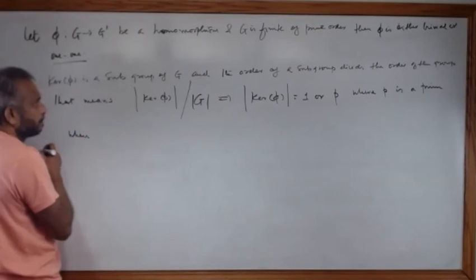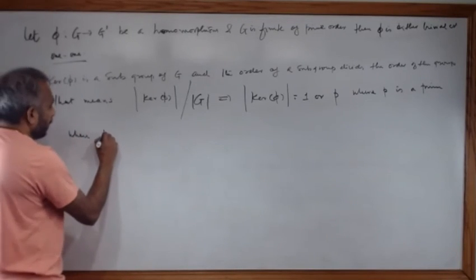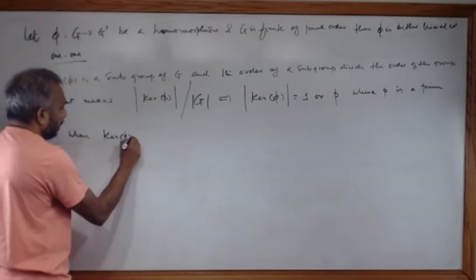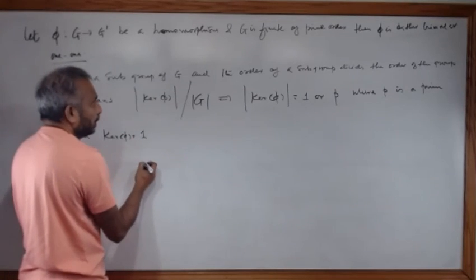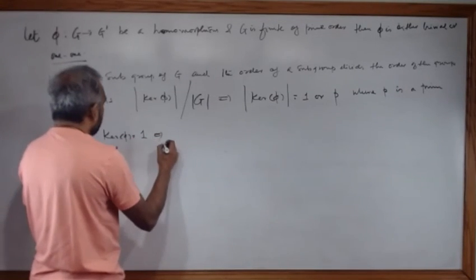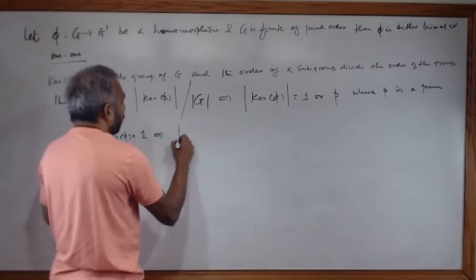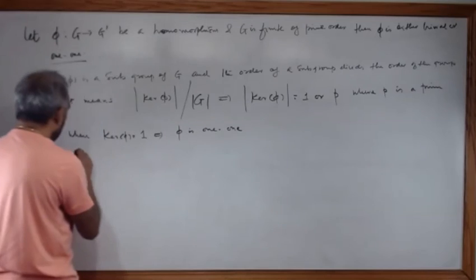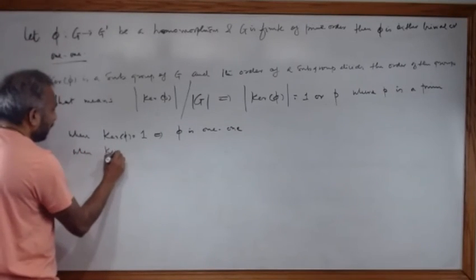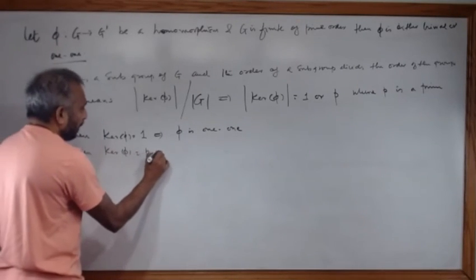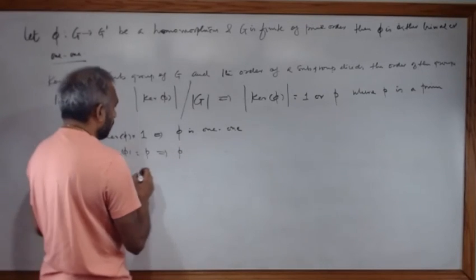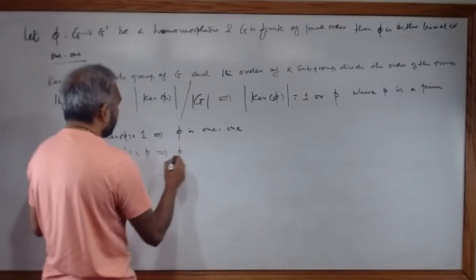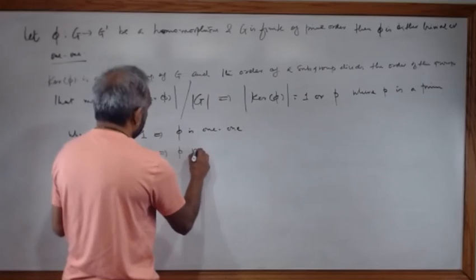When kernel of phi is equal to 1, that implies phi is one-one. When kernel of phi is equal to p, that implies phi is trivial.